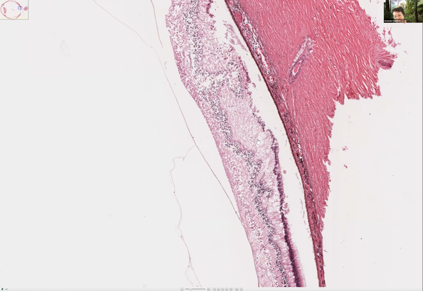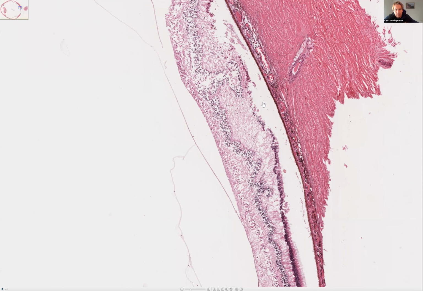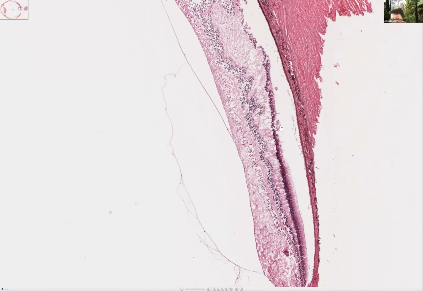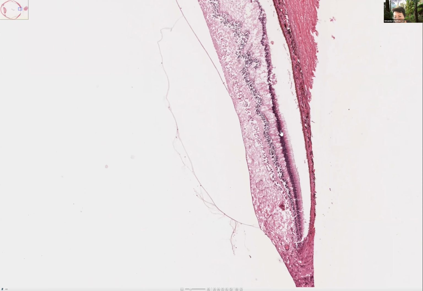Not nerve fiber layer. Lixiform? Lixiform. Yes, that's the one. So disruption here. So something has occurred to disrupt the inner layers of the retina, because I can still see the outer nuclear layer and the receptors seem to be intact.